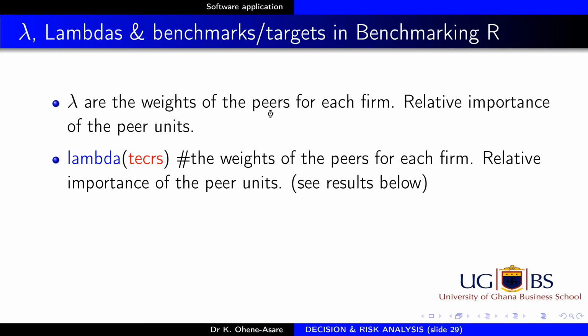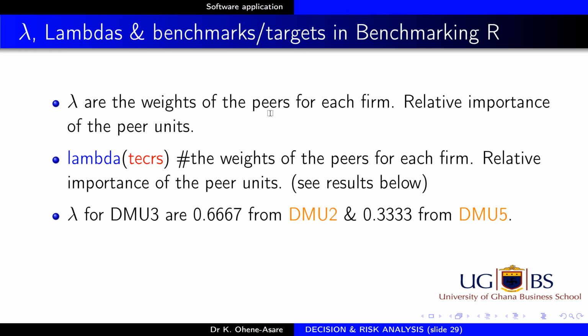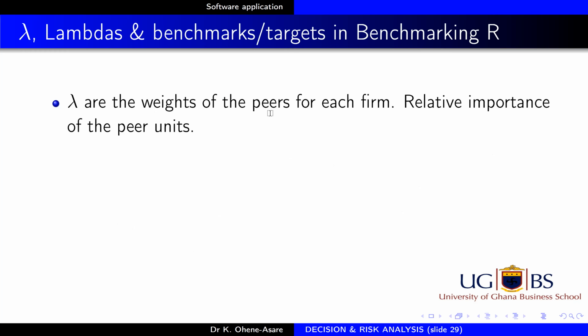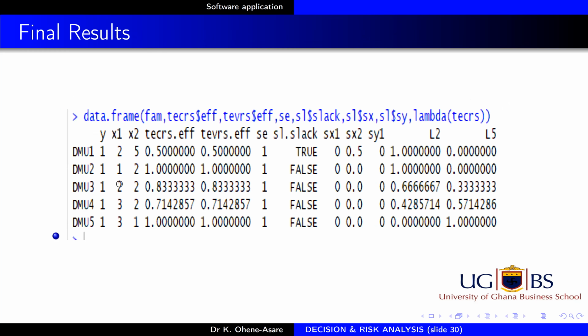So when we calculated these weights, let's go to the graph. You can see that the lambda for DME3 is 0.667. But that lambda is for a peer called DME2, because DME2 was a peer for DME3.